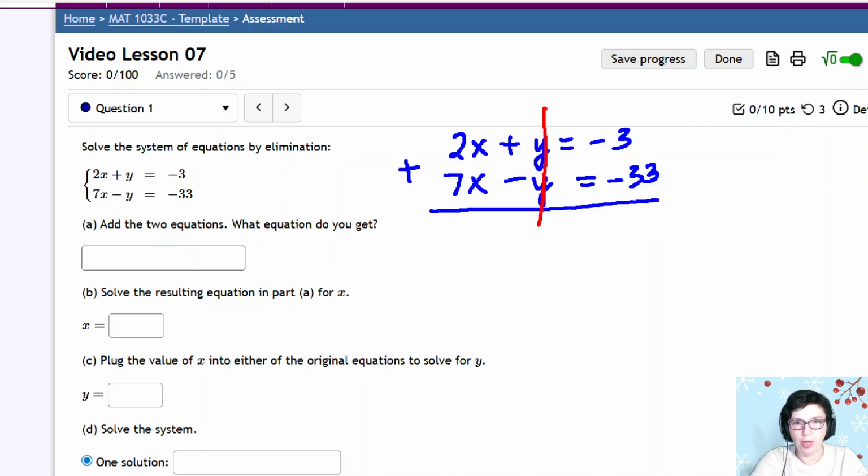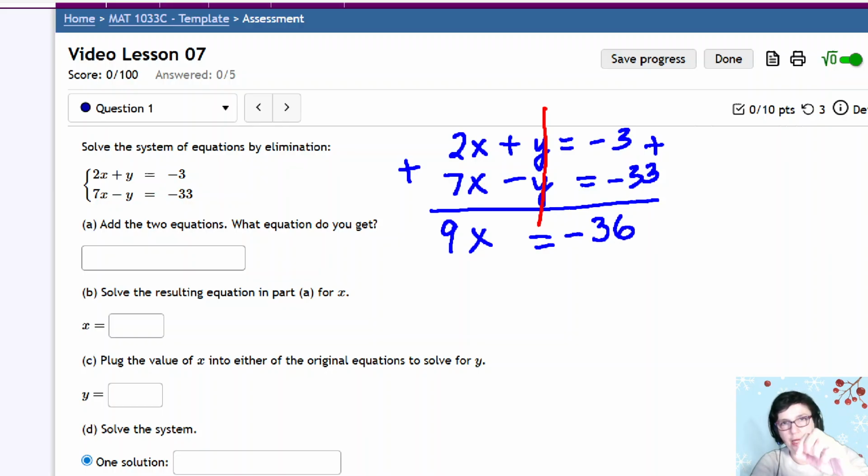So what is 2 cars plus 7 cars? Well, that would be 9 cars, right? So this is how we combine like terms. And we get 9x, okay, equals negative 3 plus negative 33. Well, you can use a calculator if you want, but that leads you to negative 36. So imagine, take negative 3 and jump to the left another 33. So you're going to get negative 36.